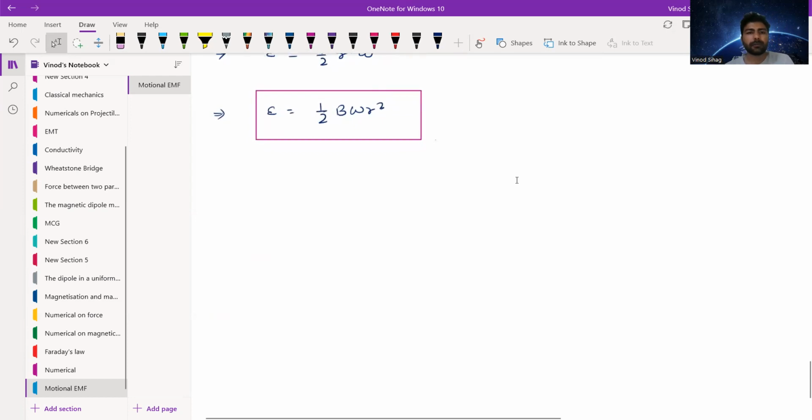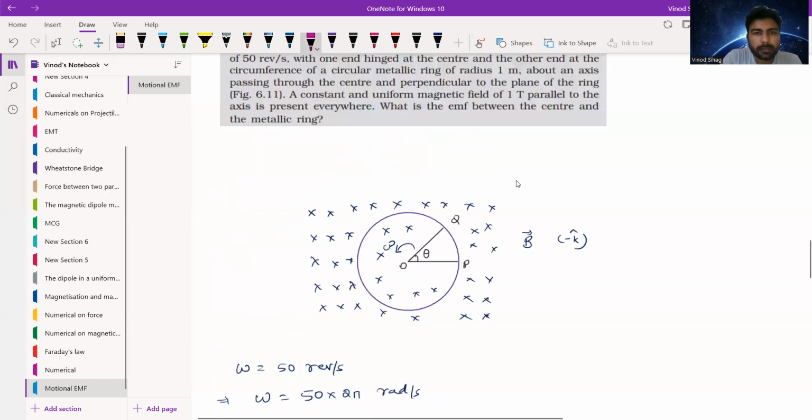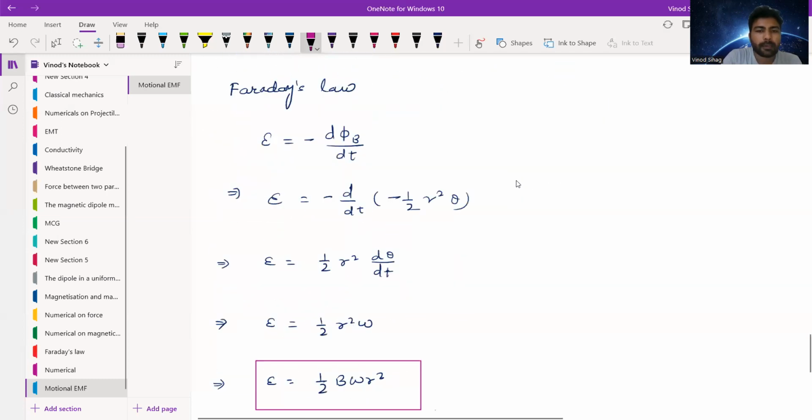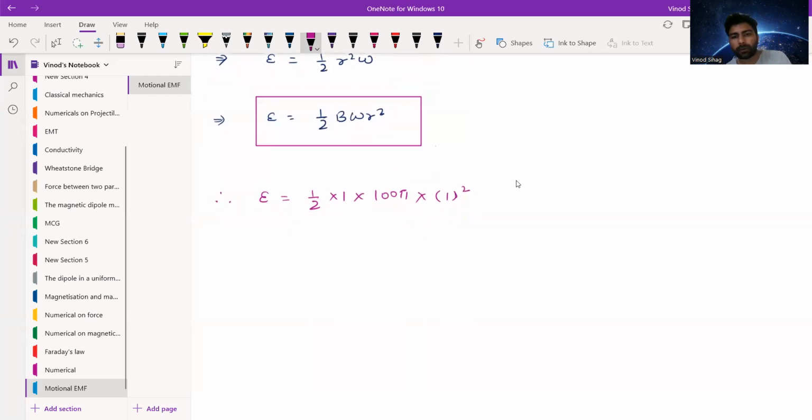Now we will place the given values. EMF equals to 1 by 2, the value of B is 1, the value of omega is 100 pi, and the value of r is 1 meter, so r square is 1, and the unit will be volts. Further solving, 1 square is 1, and 100 by 2 means 50 pi.